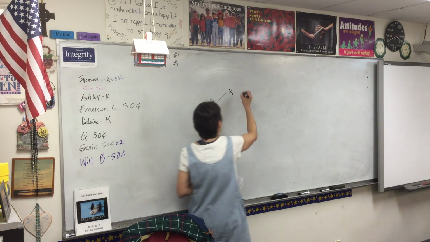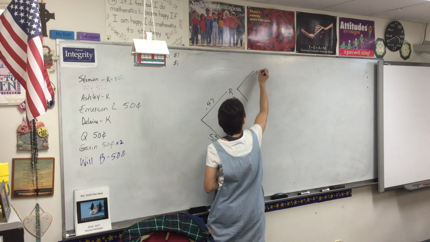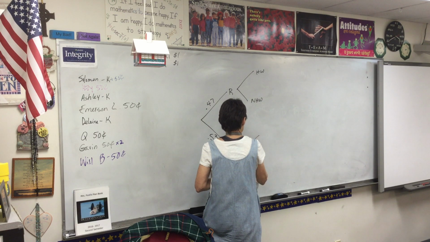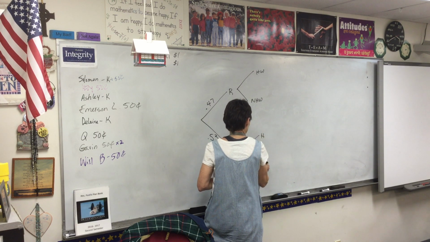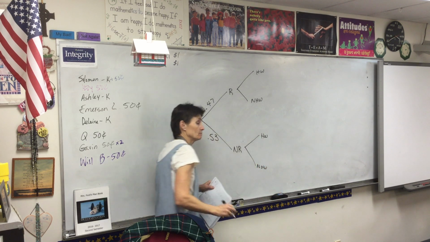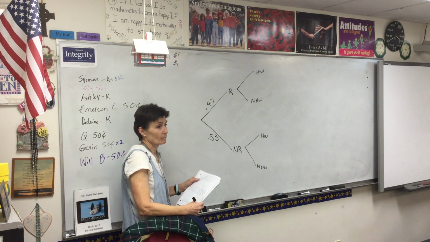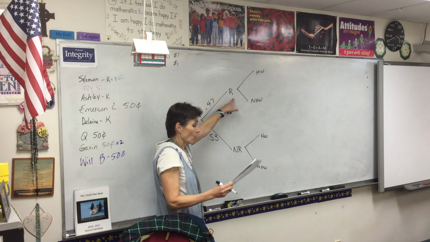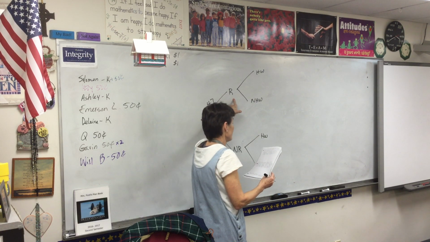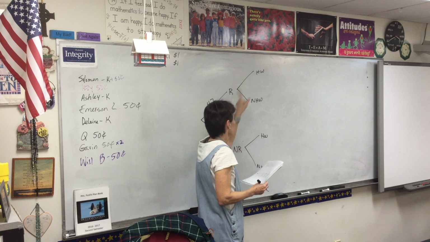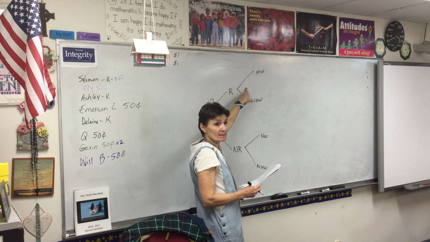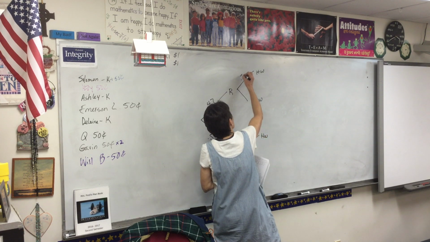So, it's either going to rain or not rain tomorrow. And then, Hunter's either going to do the homework or he's not going to do the homework. Now, if it rains, what is the probability that he will do the homework? If it rains, the probability is 72%.